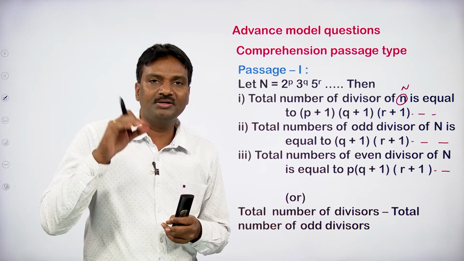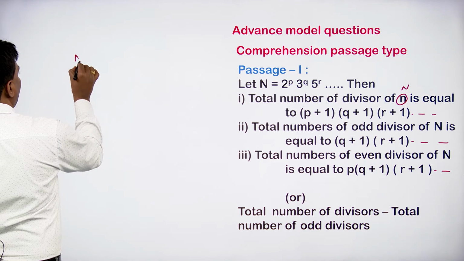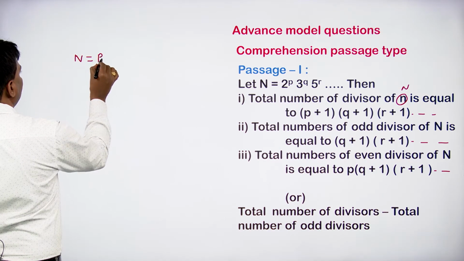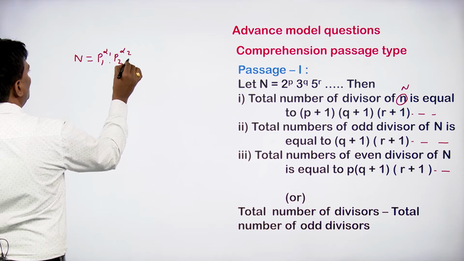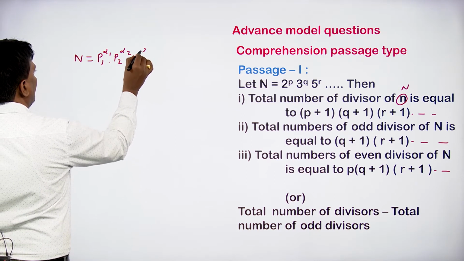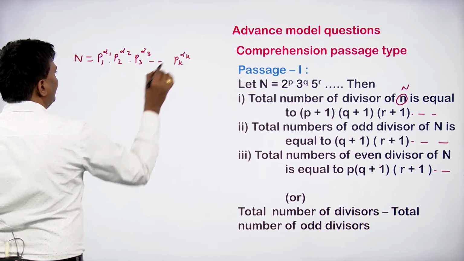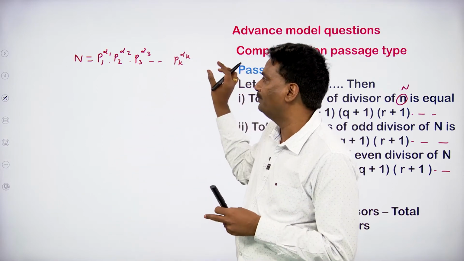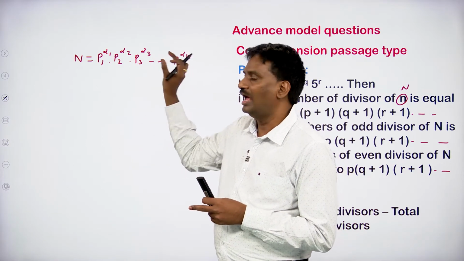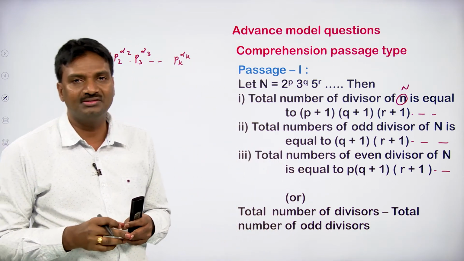Actually, with respect to the prime factorization, we discussed that if n is a natural number, then we can express this as p1 power alpha 1 into p2 power alpha 2 into p3 power alpha 3 into so on pk power alpha k, where the bases p1, p2, p3 so on pk are prime integers and the powers alpha 1, alpha 2, alpha 3 so on alpha k are natural numbers.